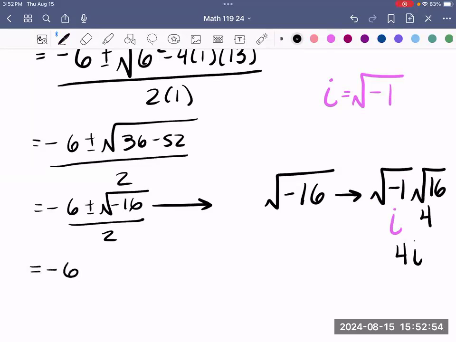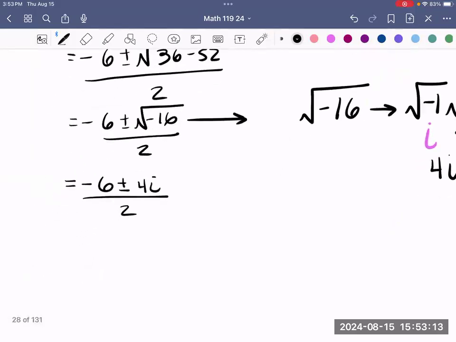And again, that is all we are going to be doing with your imaginary numbers: you're just looking that it's negative, it's -1. You're going to take it out, call it i, and then keep going. All right, your last thing to do is to simplify. We should have -3 plus or minus 2i.